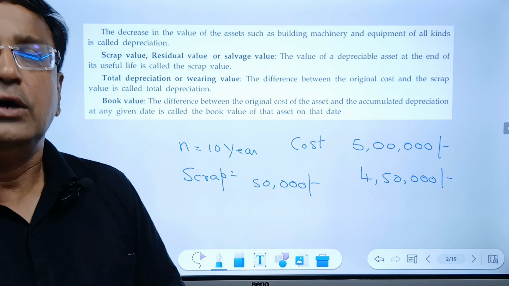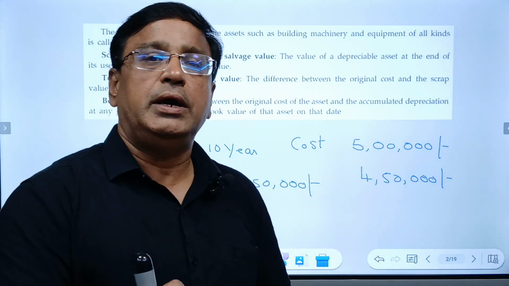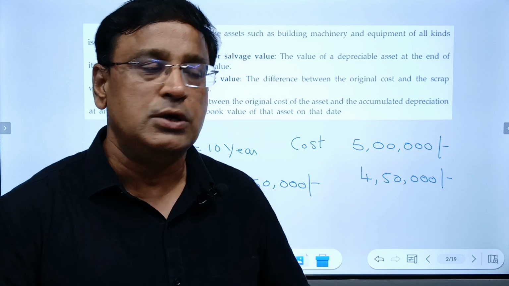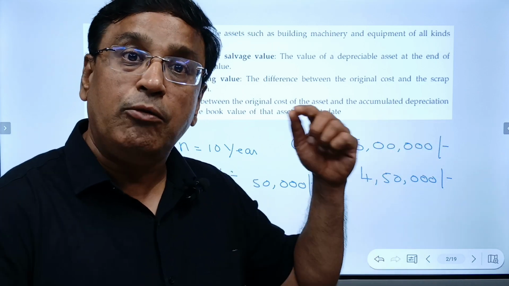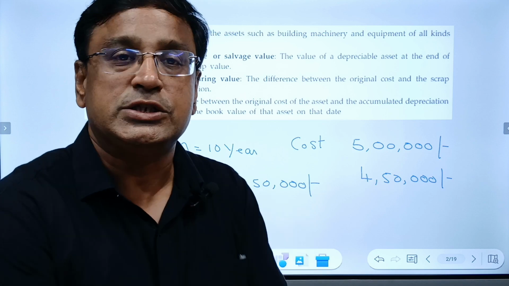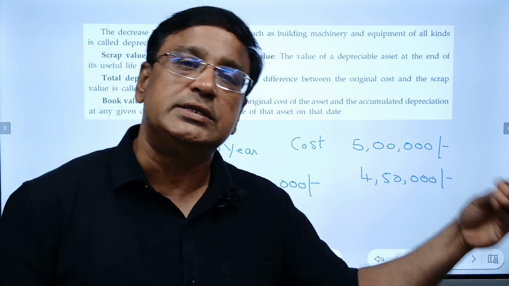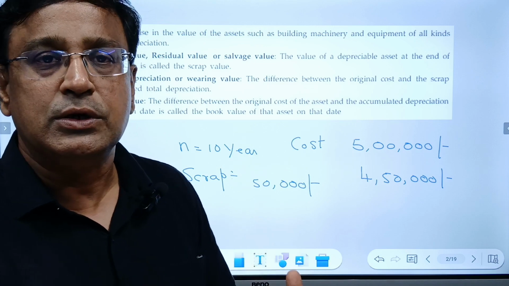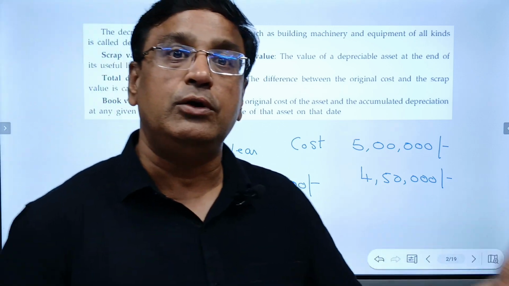You understand? So again, I'll repeat. You want to buy an AC for, say, 50,000. You have an old AC in your house which you want to replace. That old AC you may have purchased for 40,000 rupees, but when you give it in exchange, they will take only the scrap value. For example, they will say it goes for only 1,000 rupees. So 1,000 rupees is the scrap value of the old AC.